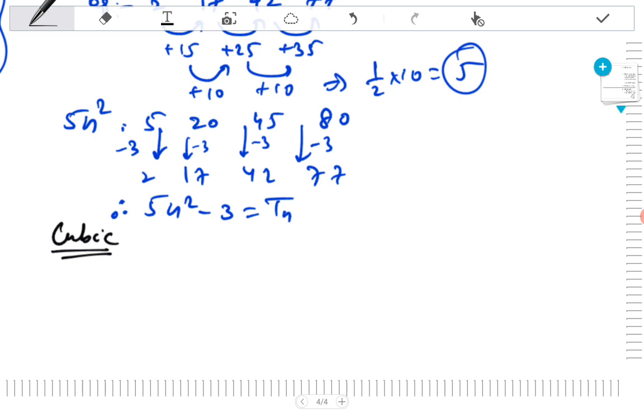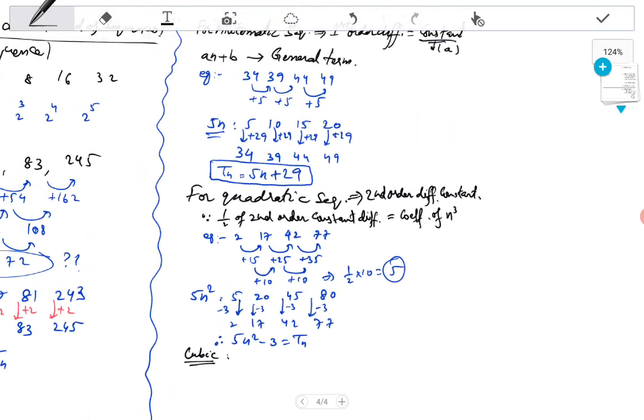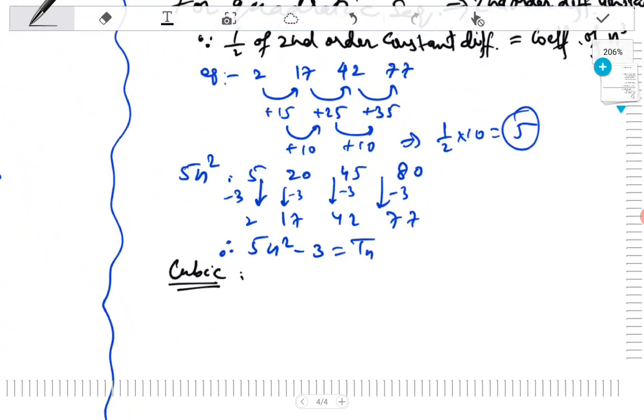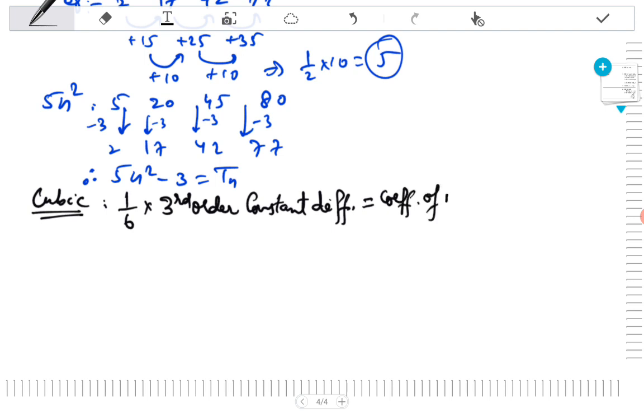For example, we have to find the nth term in the sequence. First of all, I should write the rule as I wrote for arithmetic and quadratic. So I am going to write a rule here first: 1/6 times the third order constant difference is the coefficient of n cubed.